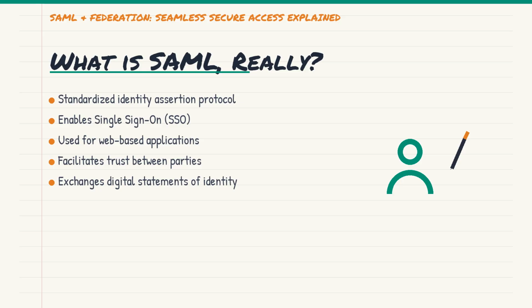It's the backbone of a lot of the single sign-on, SSO, experiences you probably use every day, especially when you're logging into cloud applications. Instead of each app having to verify your identity from scratch, SAML lets a trusted identity provider tell all the other service providers that you are good to go. It's all about exchanging secure assertions, which are basically digital statements of trust.